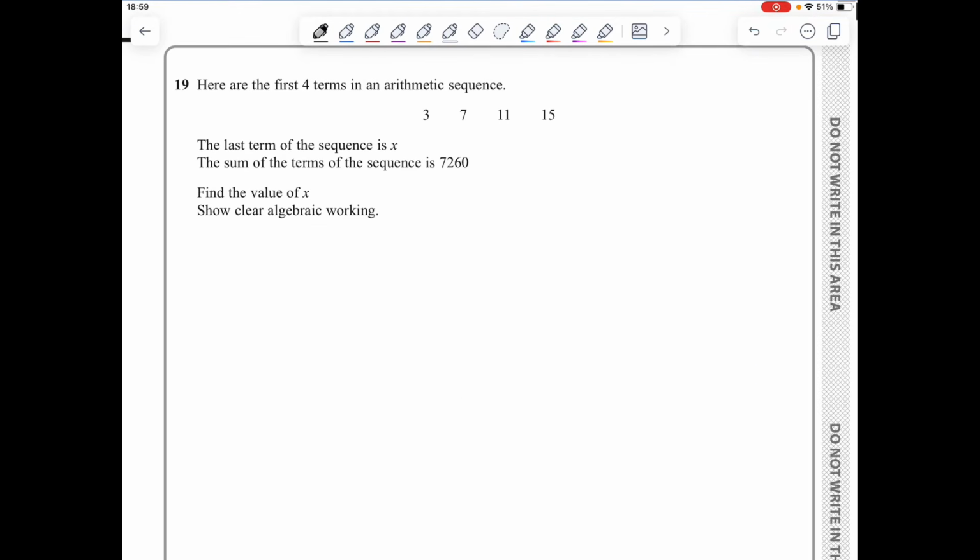For question 19, I've got an arithmetic sequence. First term is equal to 3. Common difference is equal to 4 because I'm adding 4 each time. Now I'm going to use the formula for the sum to n terms to locate the position of the last term.